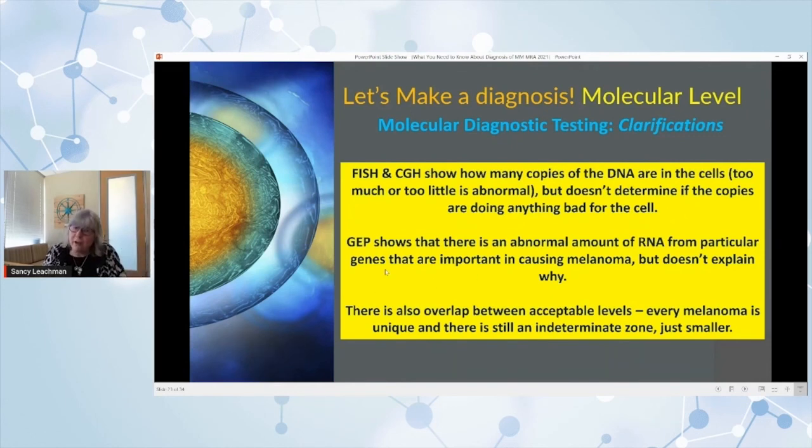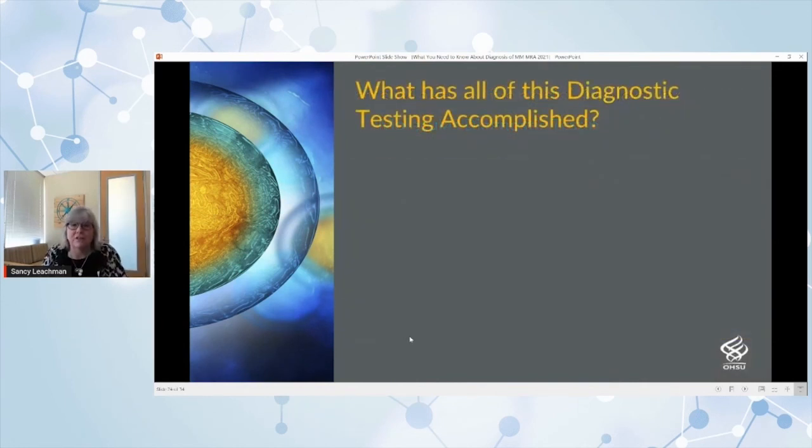Gene expression profiling shows that there's an abnormal amount of RNA from particular genes that are really important in causing melanoma. So it's getting closer to the function, but it still doesn't explain why. And so there's overlap between acceptable levels. Every melanoma is unique, and there's still an indeterminate zone. It's just a smaller indeterminate zone.